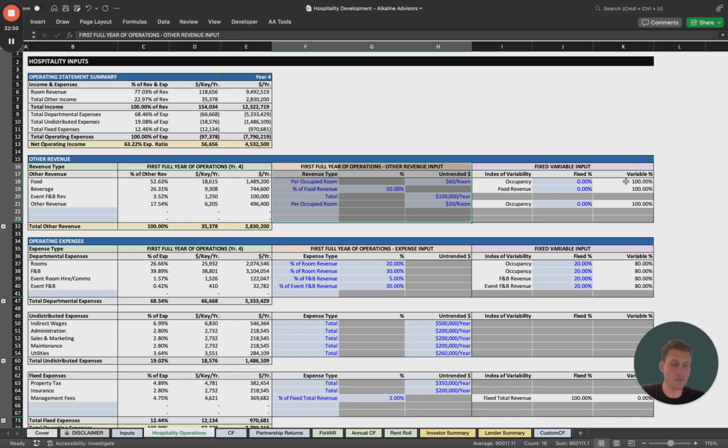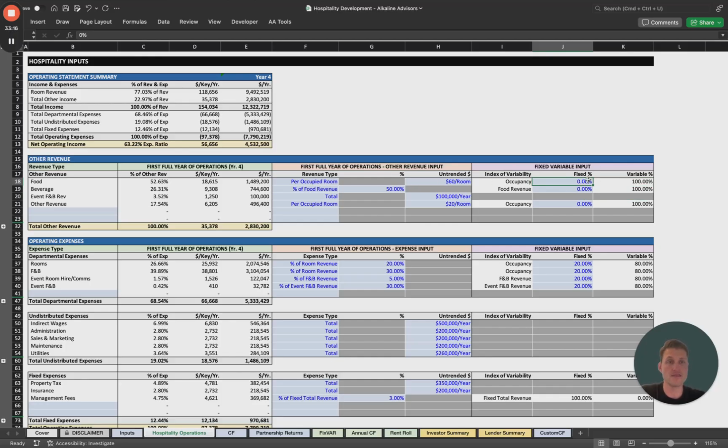If it's less occupied than the base year, the factor will be below 1. And essentially what we're saying is, to figure out what that next period looks like, what percentage of the base year are we pulling, and then what percentage of the factor times the base year are we pulling. And that's how we do the fixed variable calculations.